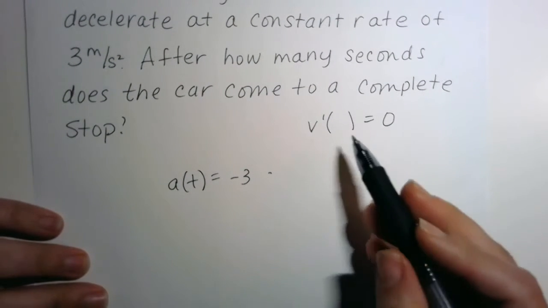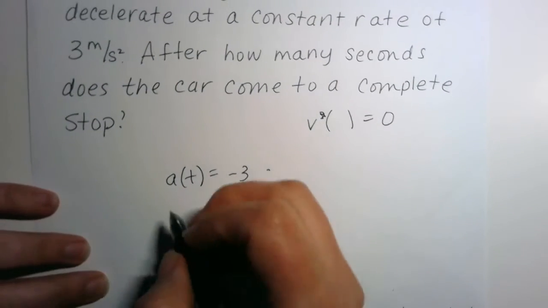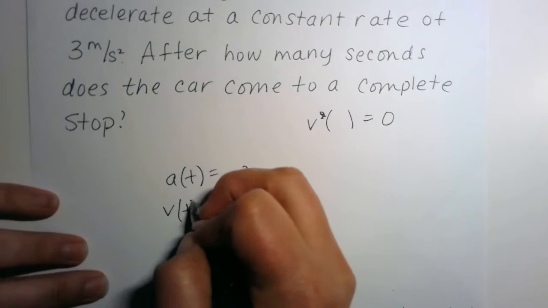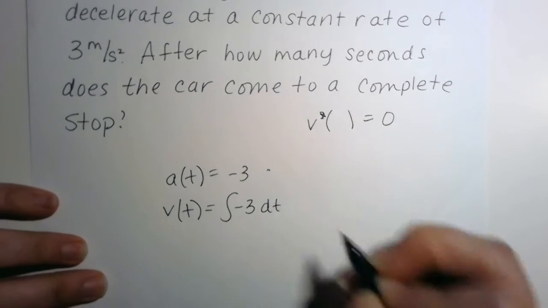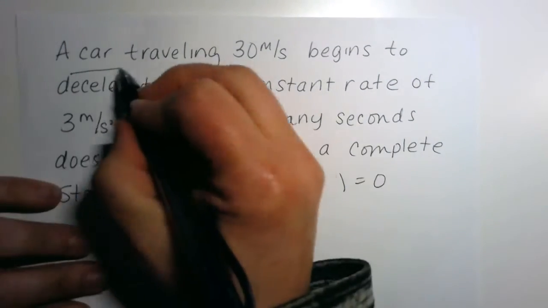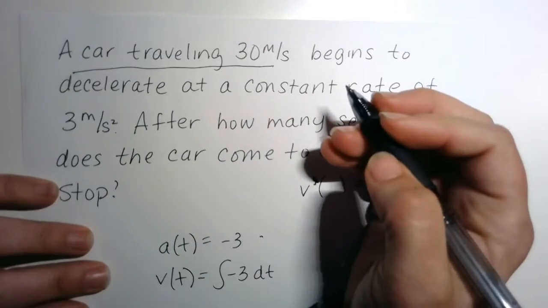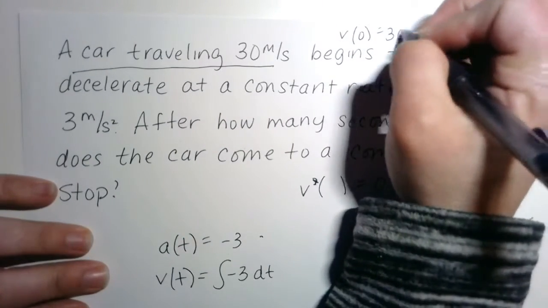So now if I want my velocity function, it's just v, not v prime. It is the integral of negative 3 dt. And we have this bit of information here, so that means that v of 0 is 30.